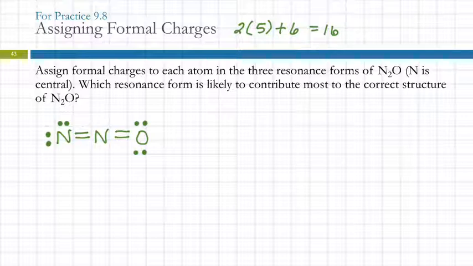Okay? Well, how else could we put that together? We can't just move a double bond, right? What if we did... we need 4 bonds, basically.